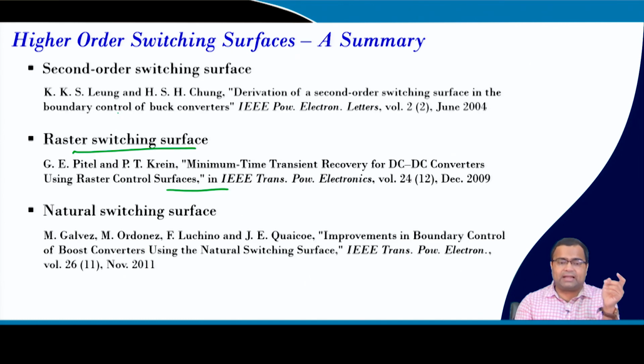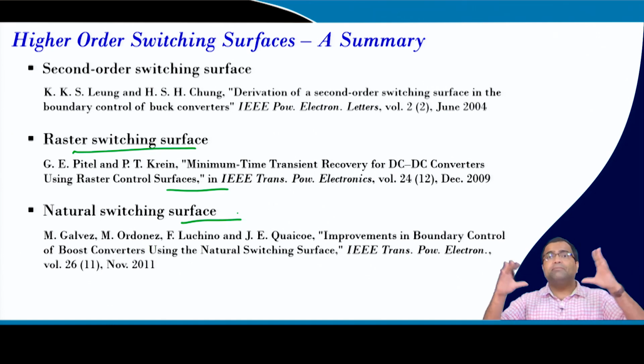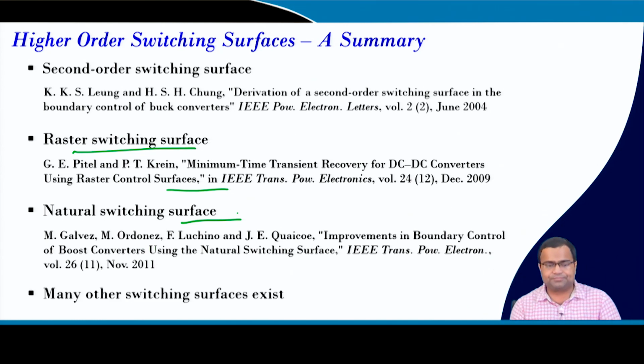If you do that, then you can achieve perfect time optimal control, but the implementation may be slightly difficult because you need to normalize the parameter, but these techniques are also very effective. So, all these techniques, higher order natural switching surface, can lead to time optimal performance for arbitrary transients. Many other switching surfaces exist which can achieve very fast transient response.